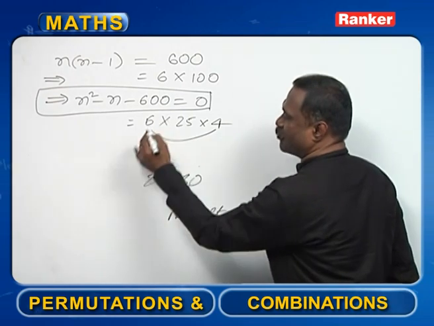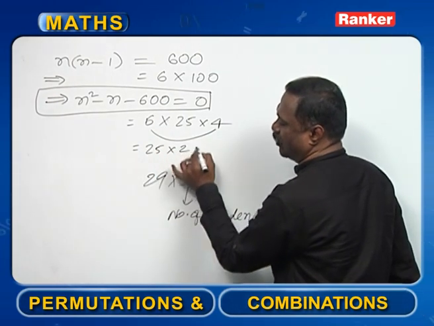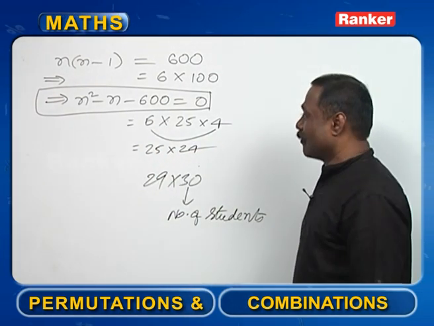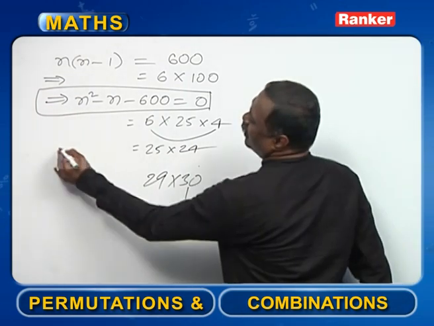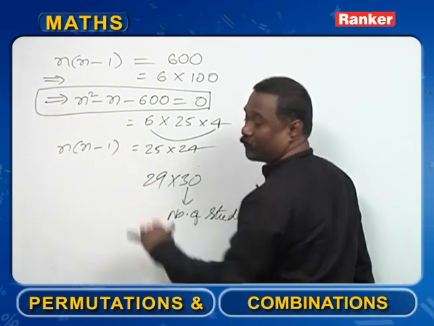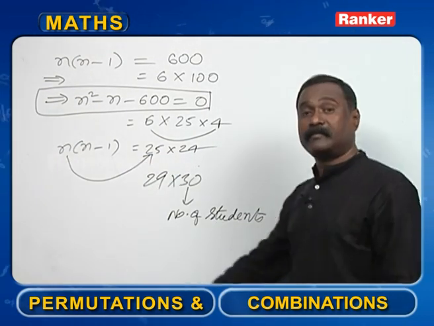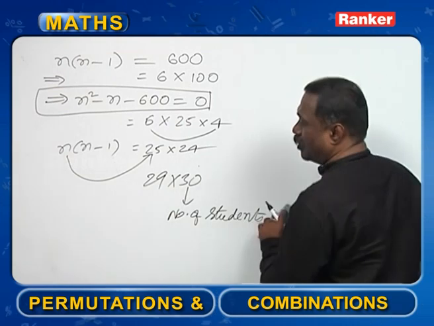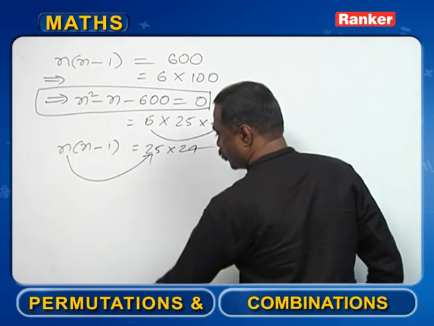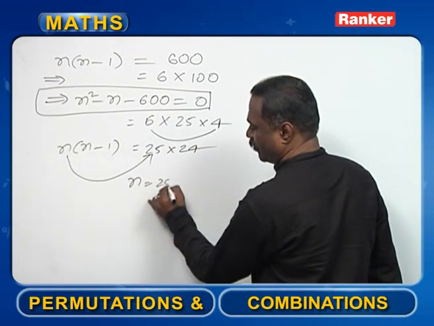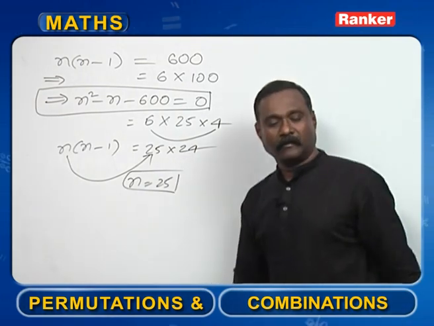Then 6 into 4 is 24, so it is 25 into 24. Understand it carefully. Now, it is nothing but n into n minus 1. What should n be now? 25. So our answer to this question is n is equal to 25.